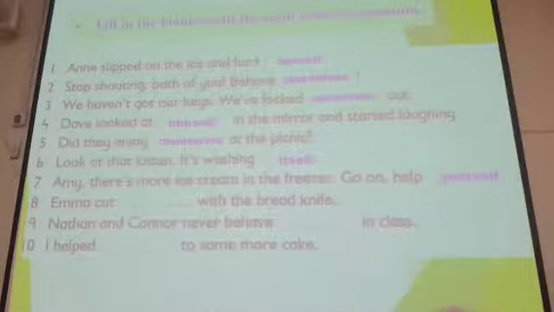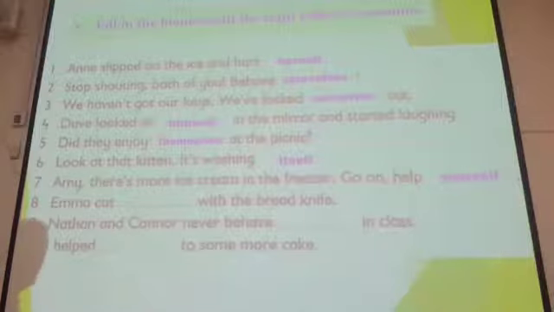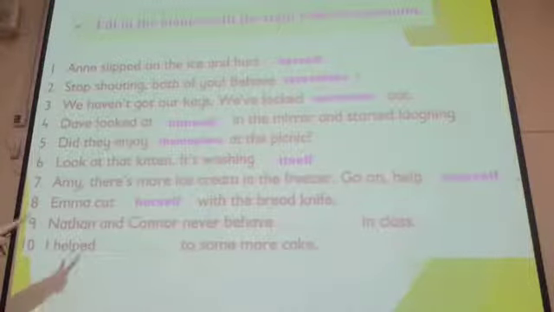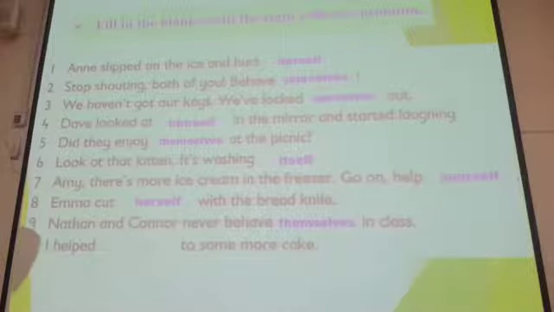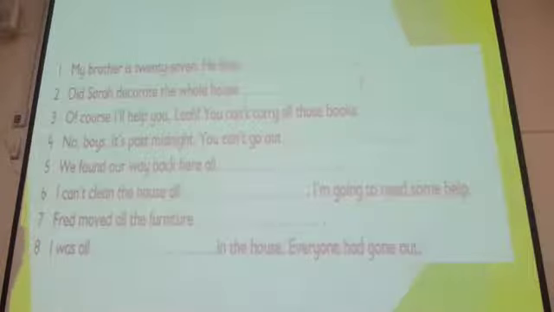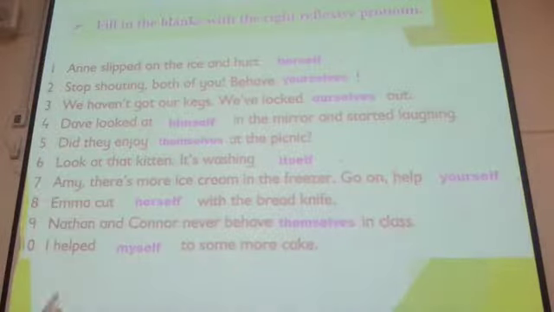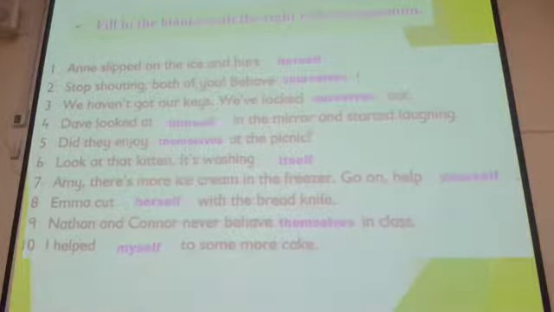Amy cut, another girl, cut what? Herself with the bread knife. Nathan and Connor, two people, never behave themselves in class. And the last one, I helped myself to some cake.